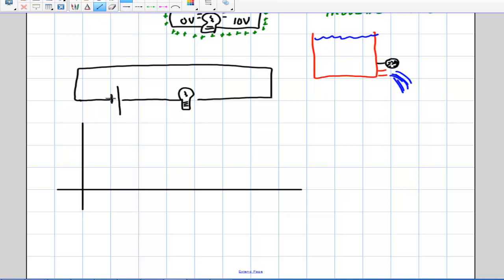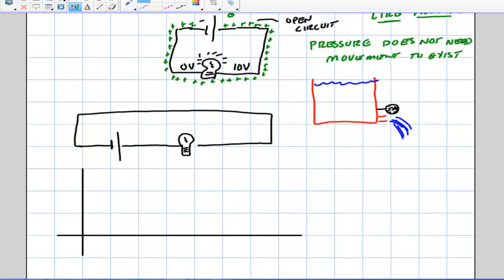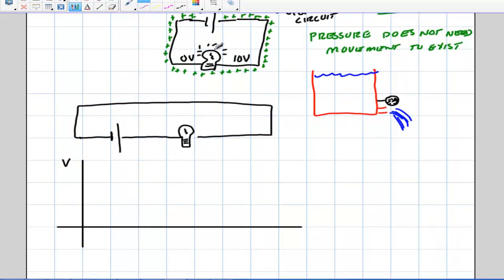So before it comes to the battery, your voltage is at a minimum, okay? So you should think of this like an escalator, right? This is volts. So before it comes to the first one here, you've got 0 volts here, and let's say that this is the maximum, this is 10 volts here. So before you get to that first element, okay, your voltage is 0, like this, right?